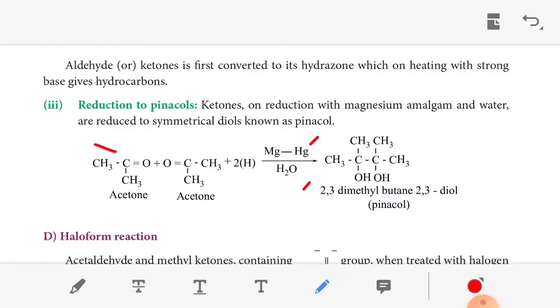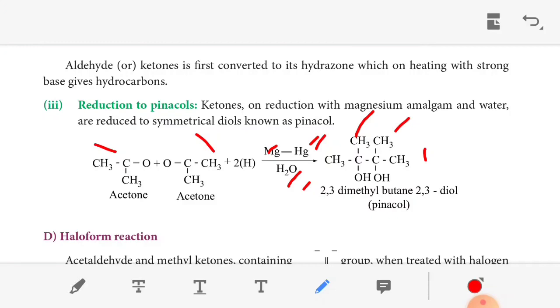So acetone plus acetone, CH3COCH3 plus CH3COCH3, plus 2 hydrogen in the presence of magnesium, mercury and water, gives the compound pinacol. This is the first carbon, second carbon, then third carbon, fourth carbon. The second carbon carries 1 methyl group, the third carbon also 1 methyl group.